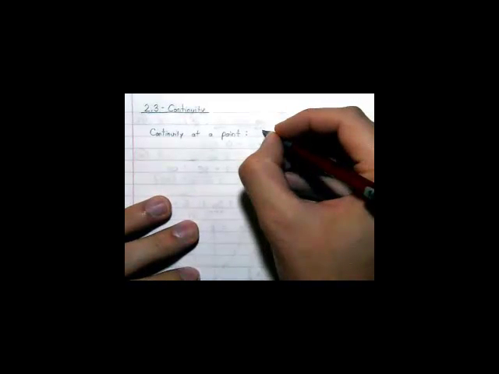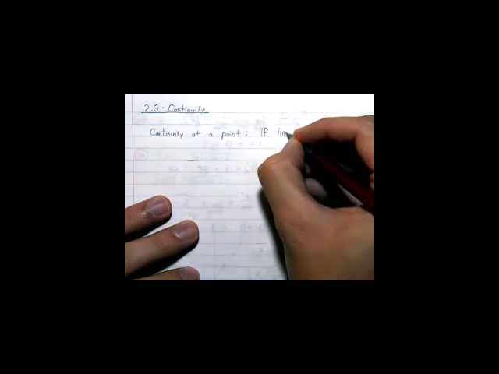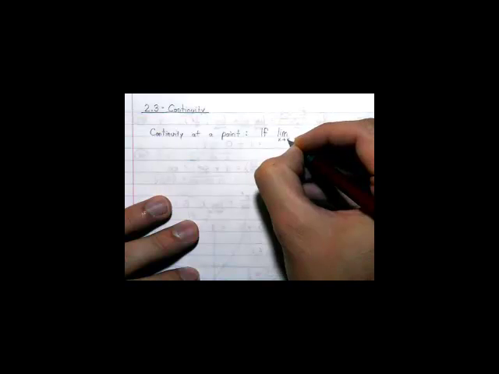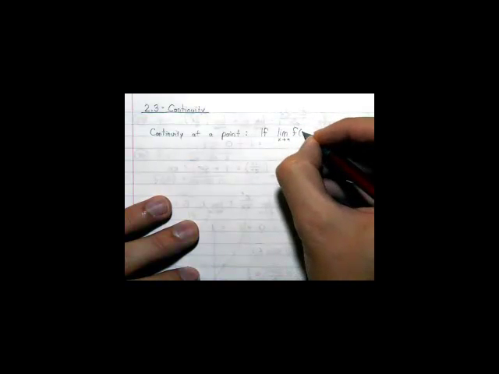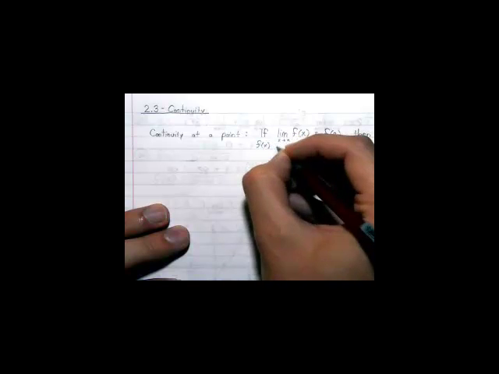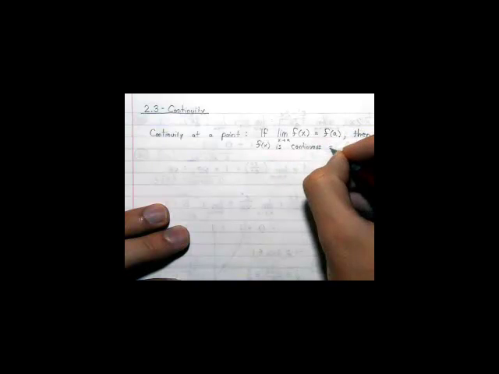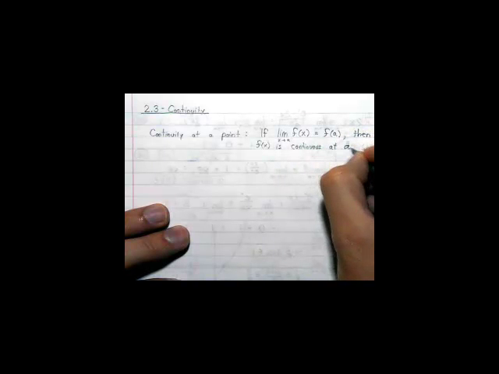Okay, so basically it's this. You have to have a few things happening all at the same time. If the limit as x approaches a of f of x is equal to f of a, then f of x is continuous at a.